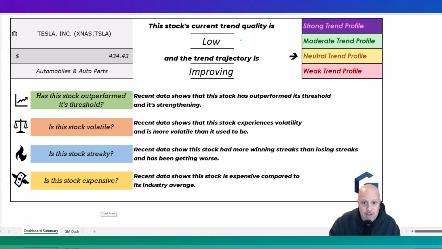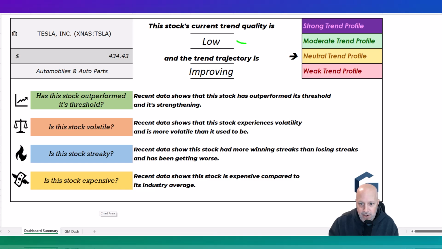At the top, I'm going to talk about trend quality and trend trajectory. We'll get into the details of how I come up with these words in the more detailed dashboard, but currently Tesla's trend quality is low and the trend trajectory is improving. That's a hard word to say on video on command, but it is what it is.